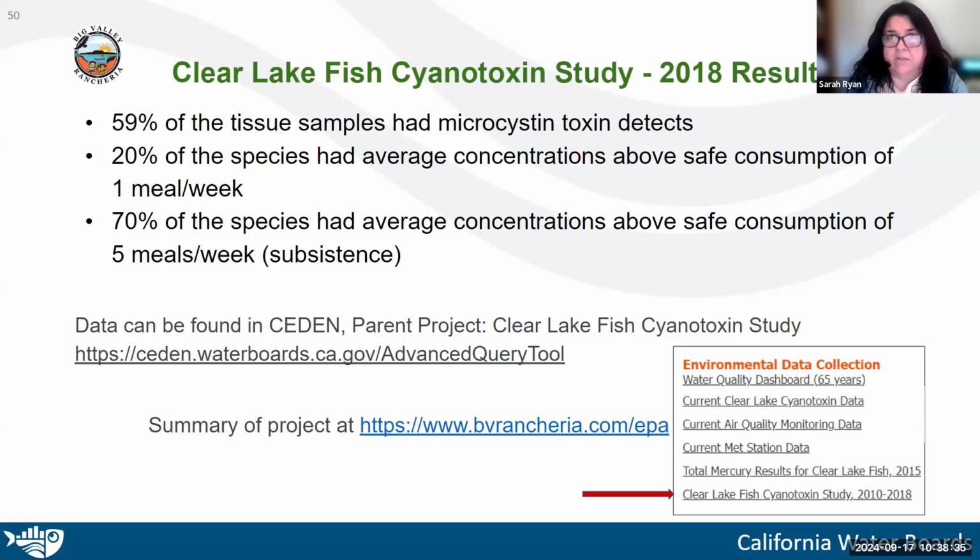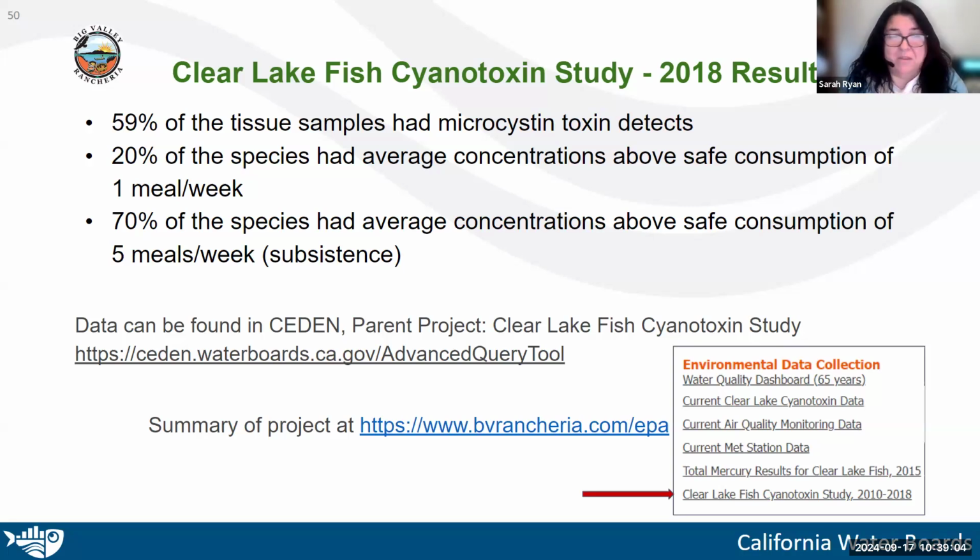And we've been asking them, well, what if it's subsistence consumption, like 5 or more meals a week? What would that action level be? And they've never quite come up with those numbers, but it really is a simple calculation, at least as far as we're looking at it: if it's 1 fish meal a week at 10 nanograms per gram, then if it's 5 fish meals a week, that would be 2 nanograms per gram.